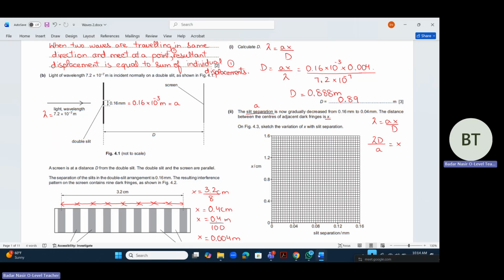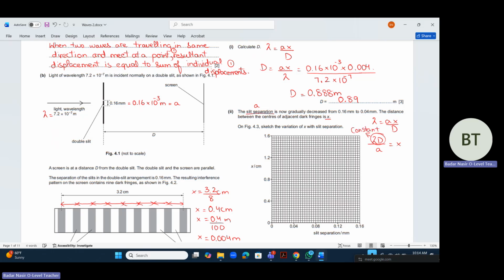For the two quantities you want to compare, make sure one quantity is on one side of the equal sign and the other quantity is on the other side. So x is on the right and a is on the left. Now, the wavelength of the incident light is constant. The distance between the slits and the screen is also constant. So this is constant.